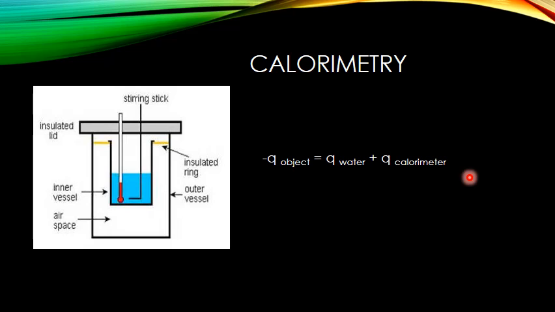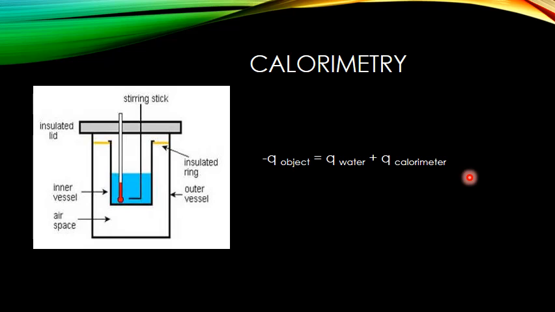Then in our calorimeter, we had water that was at room temperature, so it was around 25 degrees Celsius. When the piece of metal was at 100 degrees Celsius, we took the metal out of the boiling water and dropped it into the calorimeter and looked for the temperature changes.